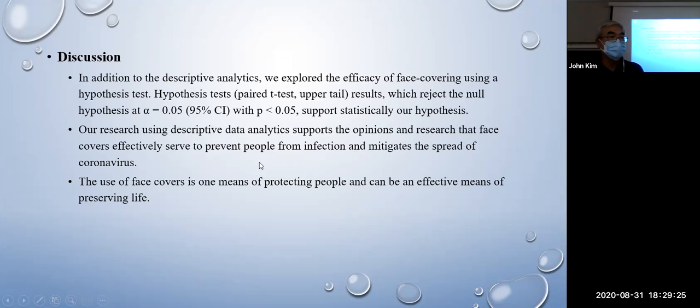I didn't include the hypothesis output and results, but based on that hypothesis test, this result can support our hypothesis. The hypothesis is that face mask is effective to mitigate spread and protect people from the virus.